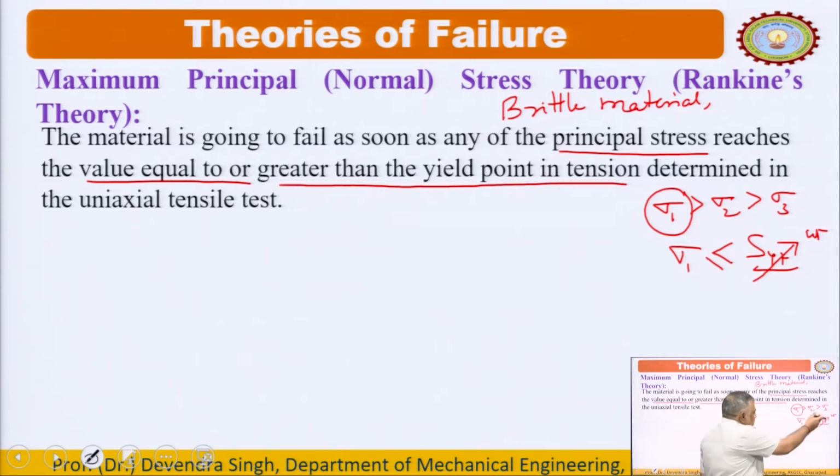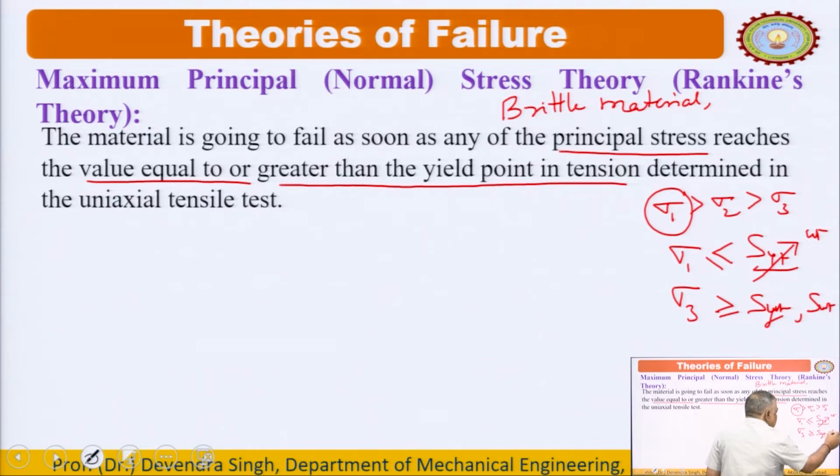If sigma is greater than or equal to SUT in case of a brittle material, or SYT in case of a ductile material, then it is a failure condition. So, this is the philosophy to formulate the design equation.